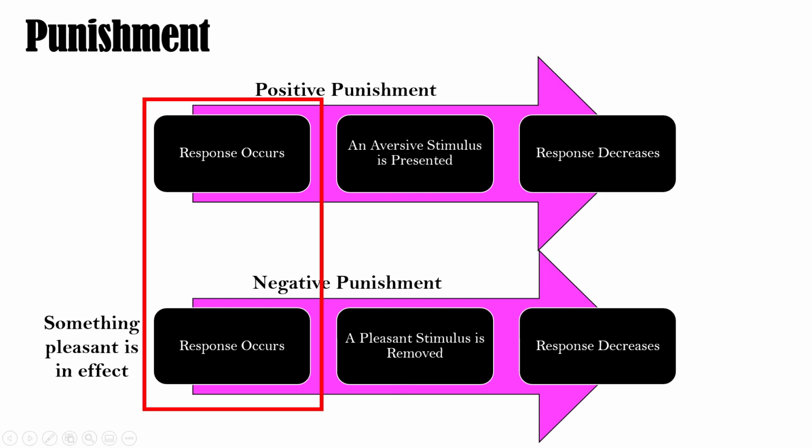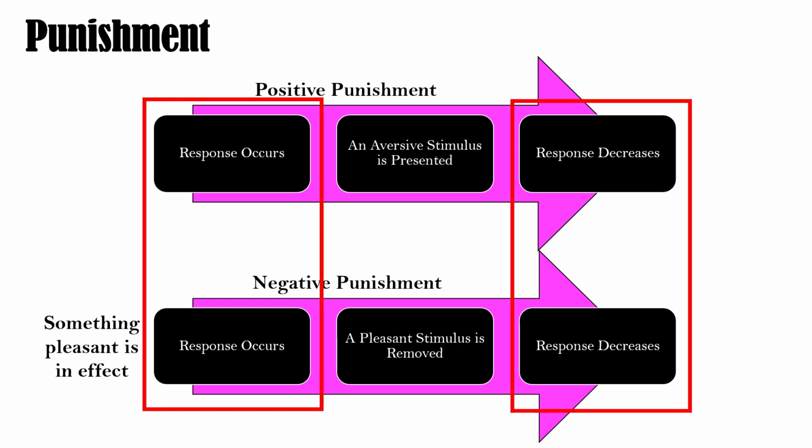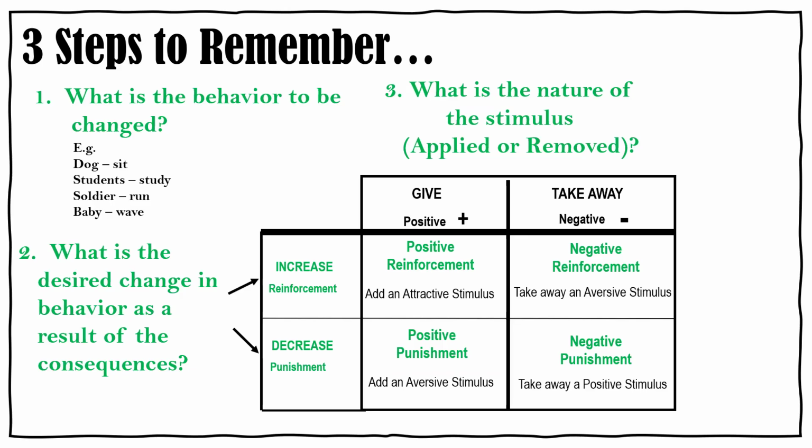So remember, there's a response that occurs, and for it to be punishment, the future probability of that response is going to decrease. The steps to remember are very similar to our steps with regards to reinforcement, and we talked about this in our basic concepts training unit towards the beginning of the semester.